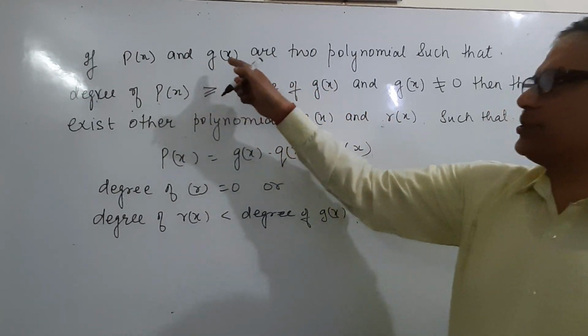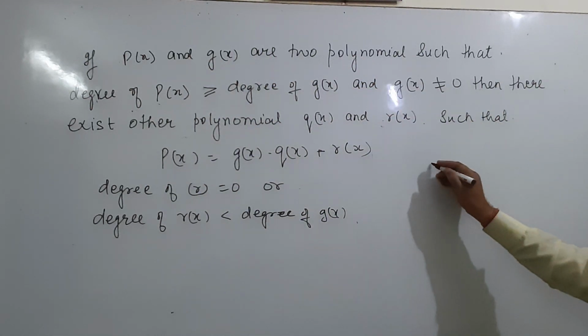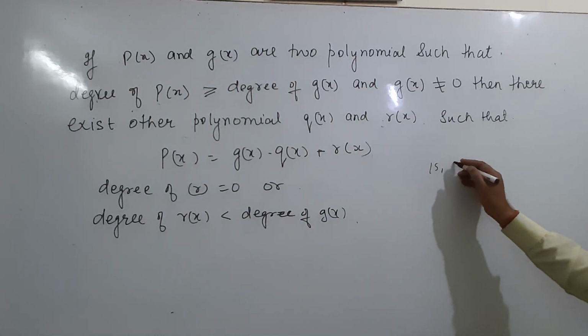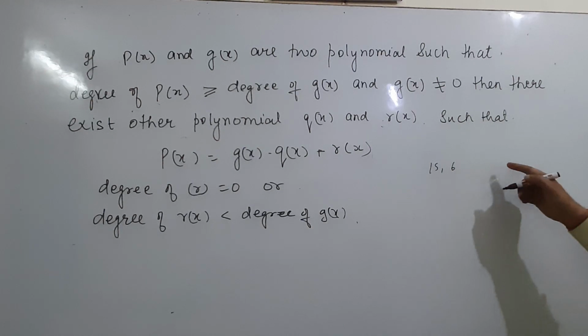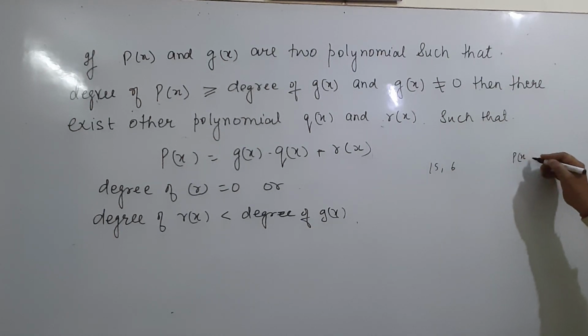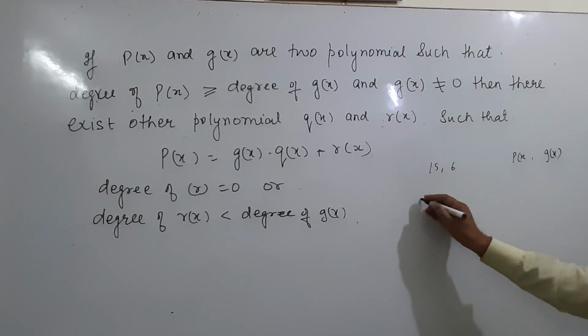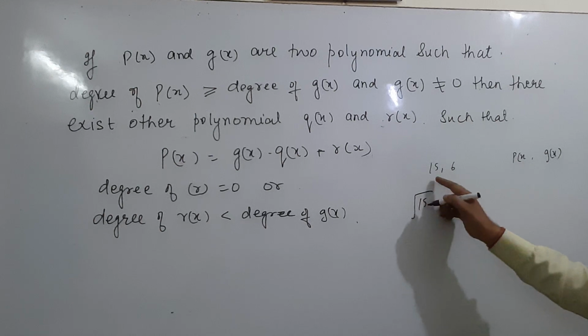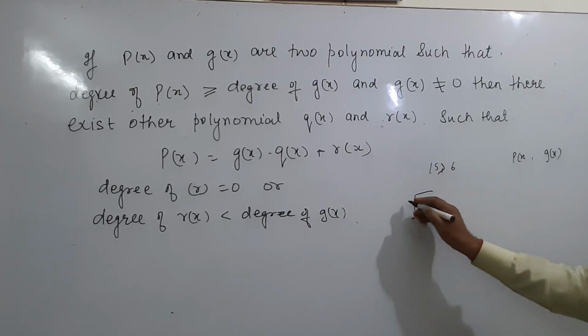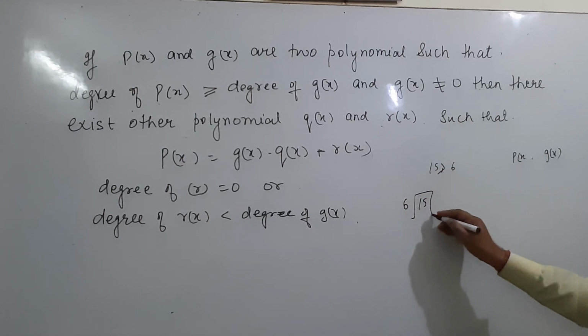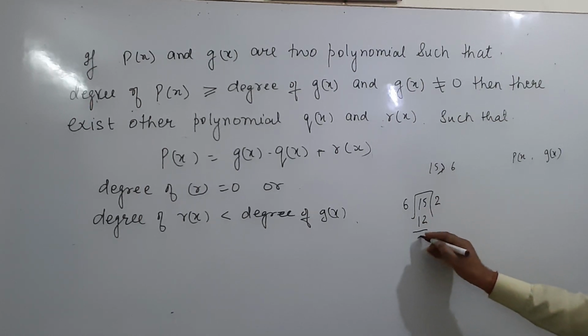If p(x) and g(x) are two polynomials, like 15 and 6 are the two numbers given to us, 15 is greater than 6. When we divide 15 by 6, then 2, and here is 12, here is 3.